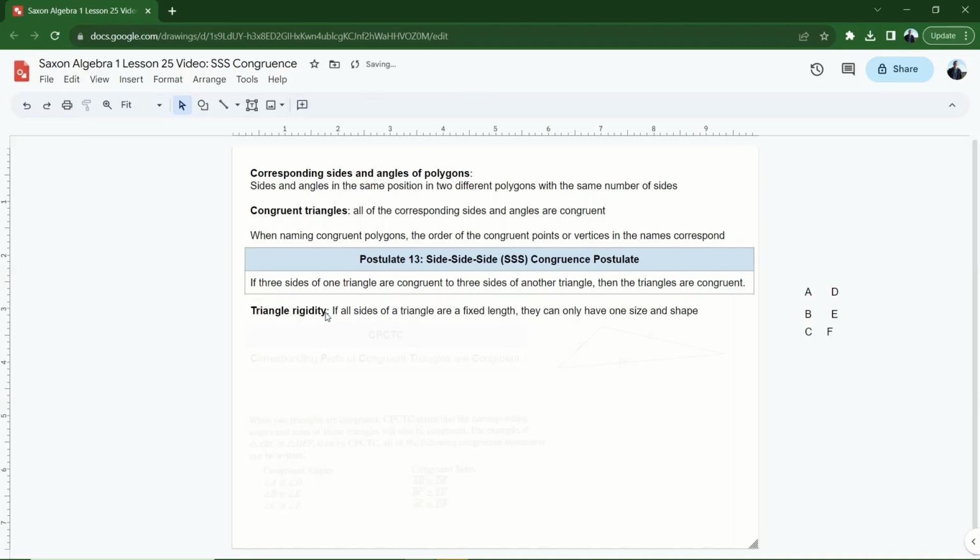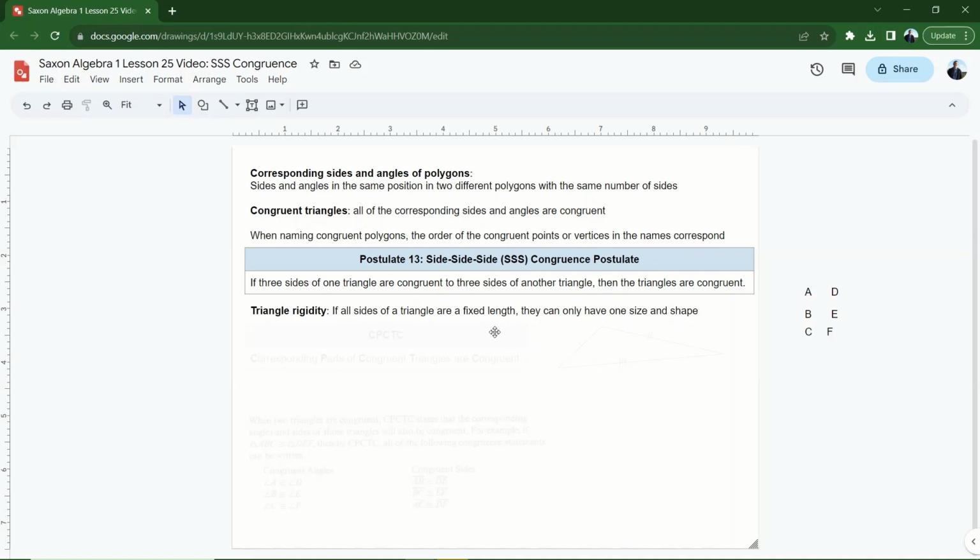One other quick note. There's something called triangle rigidity. If all sides of a triangle are a fixed length, there can only be one possible size and shape that describes the triangle at the fixed lengths that we've defined. That is not true for other shapes. I want you to think about a square or rectangle or a parallelogram, really any parallelogram for a moment.